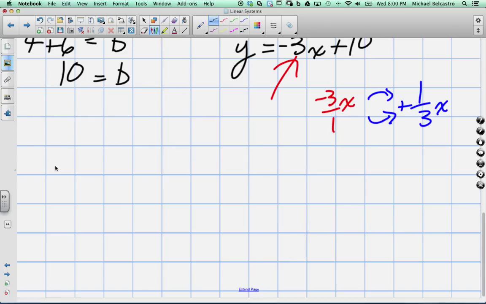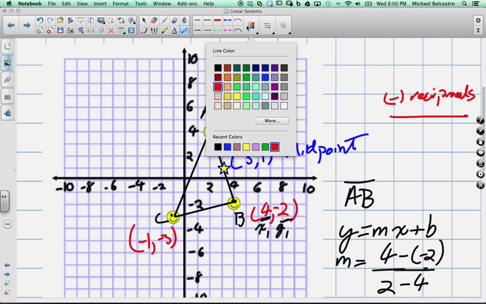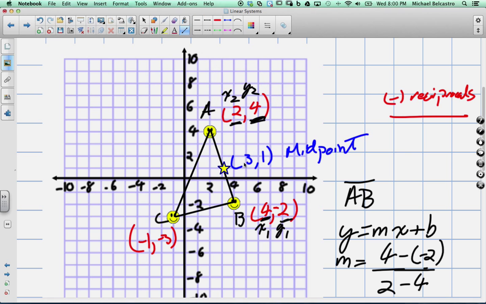So our new line is going to be y equals positive 1/3 x plus b. Remember the line we're finding, and I'm going to try to draw this as best I can, is going to be 90 degrees to that. That's pretty good, right? It looks like it could be 90.